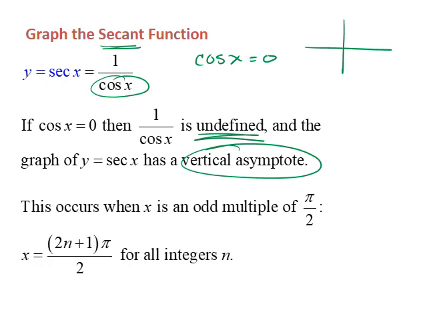We know that cosine of x is equal to 0 here and here, so at pi over 2, 3 pi over 2, 5 pi over 2, 7 pi over 2, and so on. So any odd multiple of pi over 2 is where vertical asymptotes will occur for the secant graph.